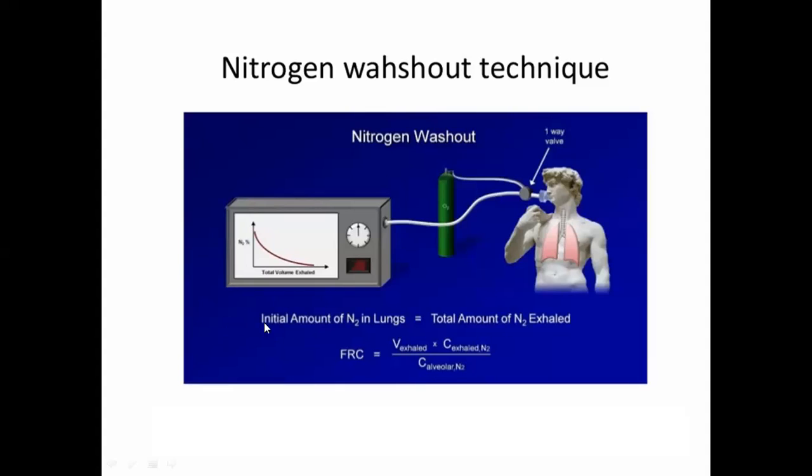Here the initial amount of nitrogen in the lungs is equal to the total amount of nitrogen exhaled. So we have to find the FRC, the functional residual capacity of the lungs, meaning how much function it will be able to perform. That will be determined by using the nitrogen washout technique.